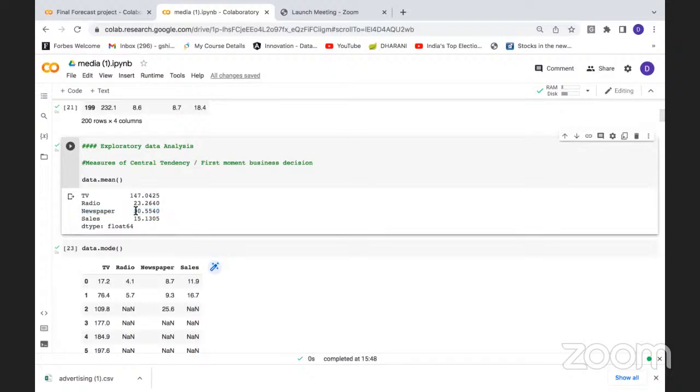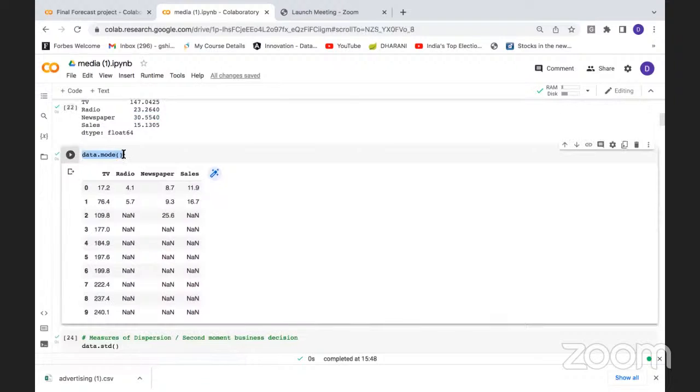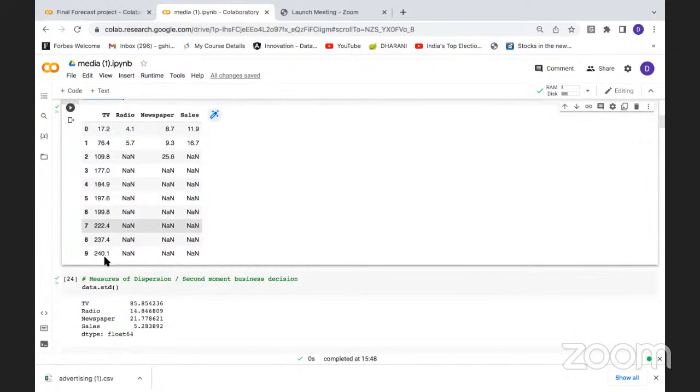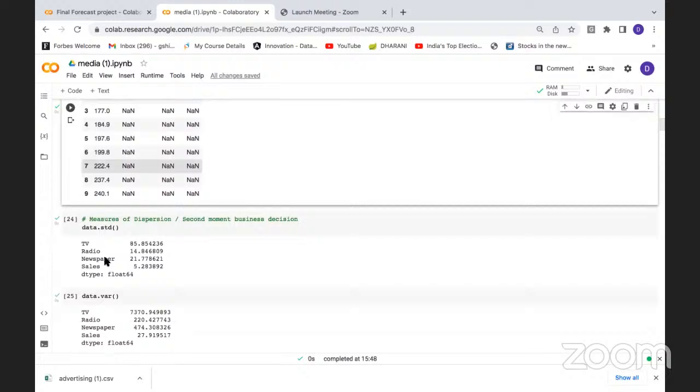The newspaper ad comes somewhere in the corner of the back page, so it is not up to the mark. Now, if you look at the mode, there is no one particular number repeated most of the times. There are no NA values, but these are the numbers which repeat most.